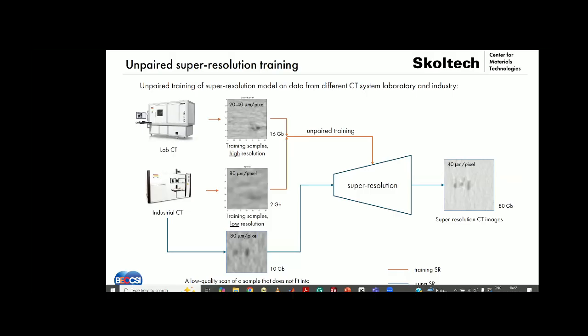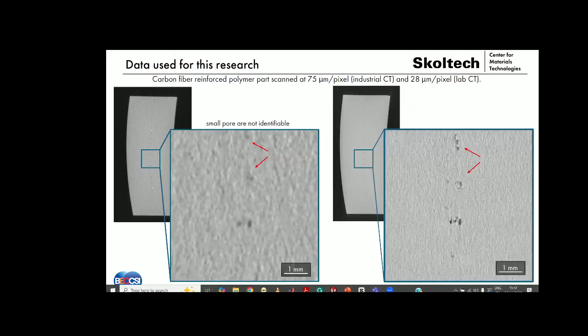So this is the idea, and we had images of a carbon fiber reinforced polymer part. This is low quality, so yeah, I cannot see here. This is 75 microns per pixel. This is 28 microns per pixel, and you can see some defects not seen on the industrial CT images, but on the lab CT we can see them.